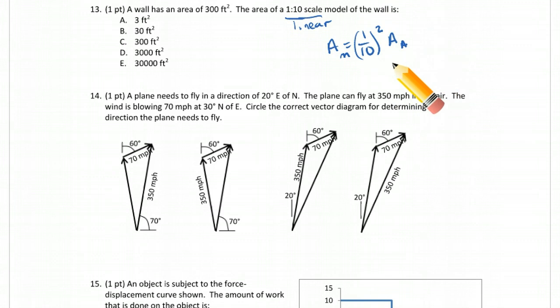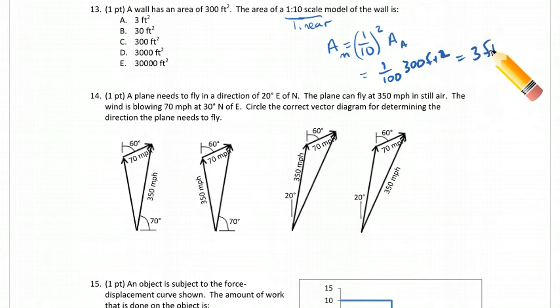Okay. So the area of the actual thing is 300, 1/10 squared is 1 over 100, so I'll write it this way, 1 over 100 times 300 is equal to 3 square feet.